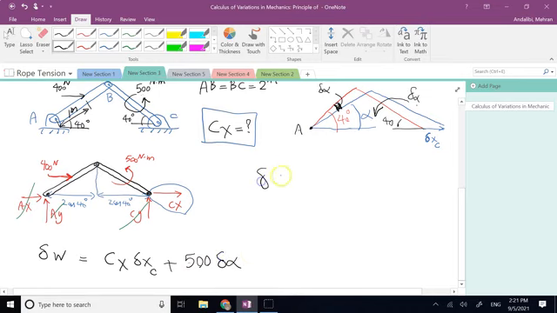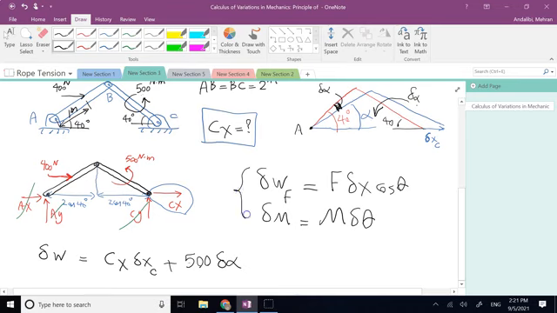So delta W for a force in general is the force times the displacement of the point that it is acted on times the cosine of the angle between them. And delta W of a couple or a moment is the moment times the change in the angle, right? So these are the virtual work done by a force in a displacement and a couple in an angular rotation.